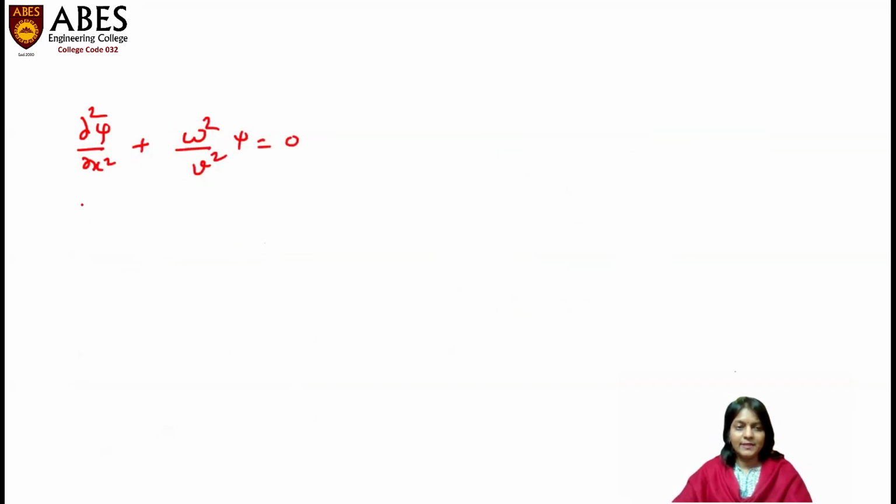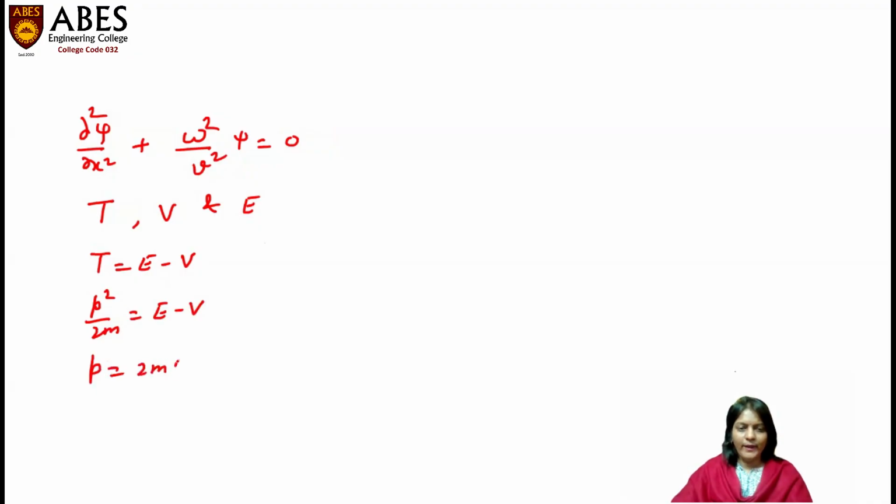Let the particle have kinetic energy T, potential energy V, and total energy E. Then the kinetic energy T can be written as E minus V. And this kinetic energy T is p square by 2m, which is equal to E minus V, and p is equal to the square root of 2m(E minus V). This is equation number 3. Similarly, the particle has an angular frequency omega, and omega can be written as omega is equal to 2 pi nu.